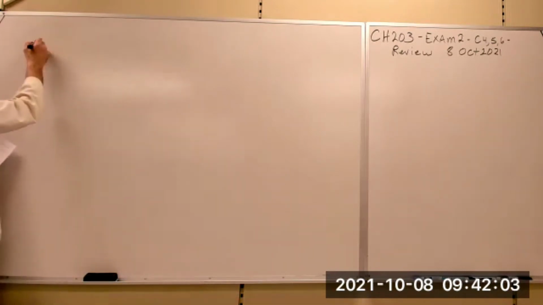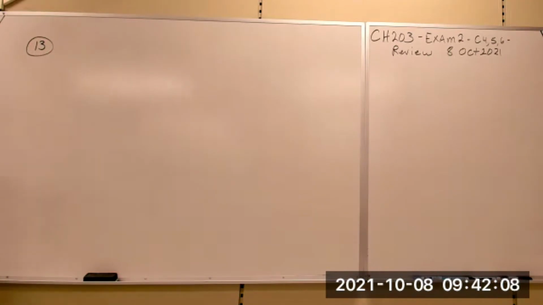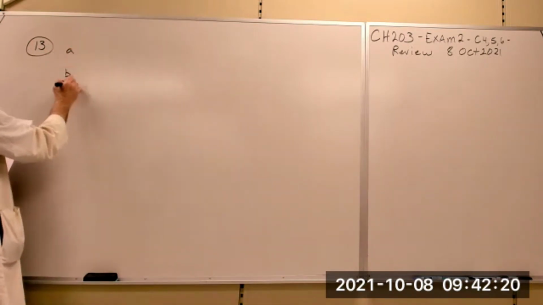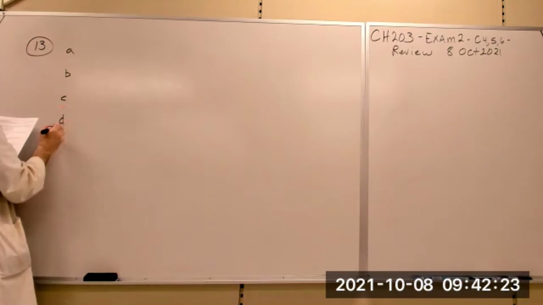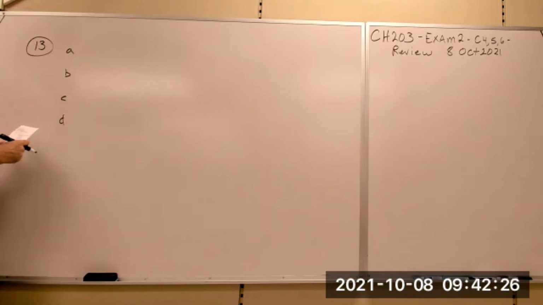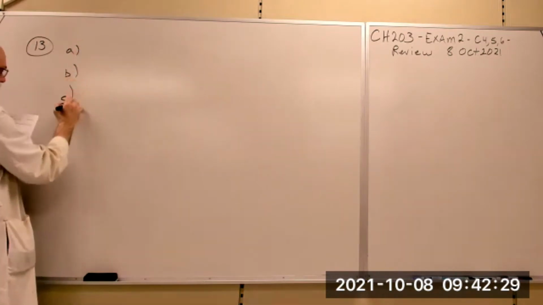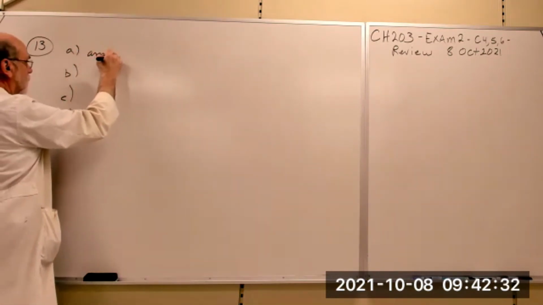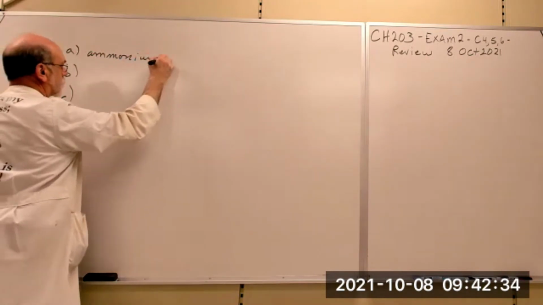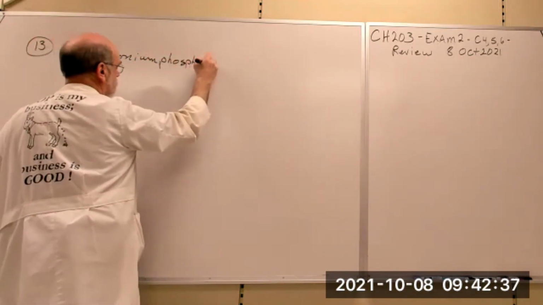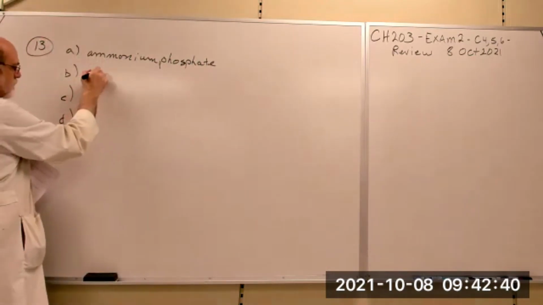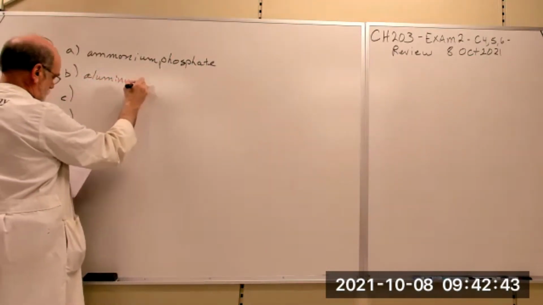Okay, how about this one? I'm going to write these compounds up here, the names of the compounds. And then the question is, which of these contain more than 10 atoms per formula? So I've got A, B, C, and D, and then E is none of the above. This one's ammonium phosphate. This one is aluminum carbonate.